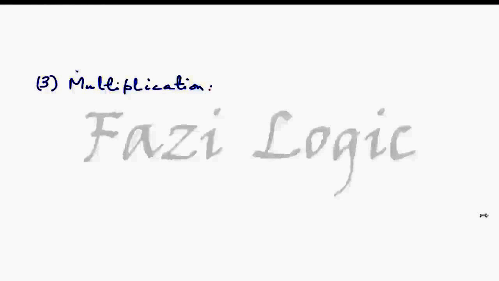Next is multiplication of matrices. Take matrix A of order m cross n, and matrix B of order p cross q.